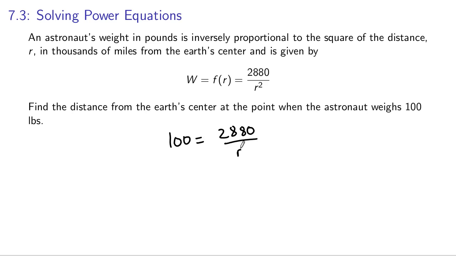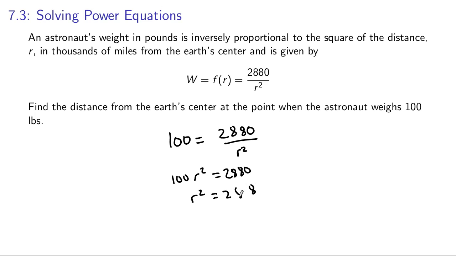100 equals 2880 over r squared. Rearranging this equation, multiplying both sides by r squared, we get 100 r squared is 2880. Dividing both sides by 100, we get that r squared is 28.8.